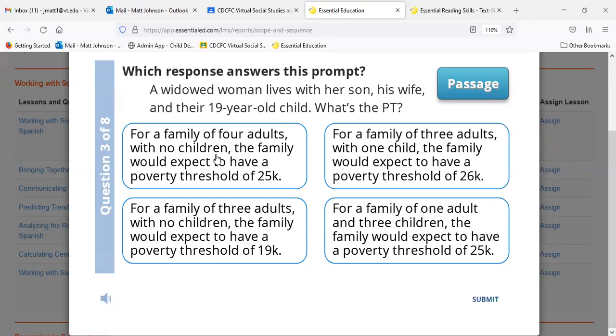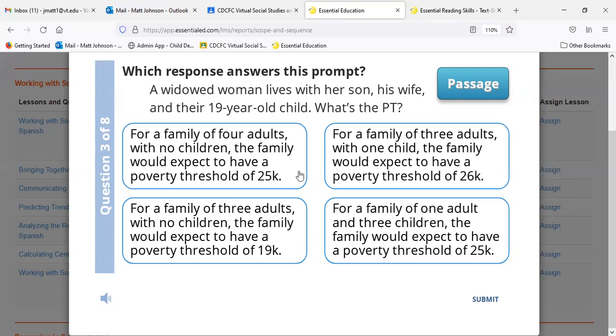So here, already I'm seeing, well, it's A, right? That's the only one that has a family of 4 adults. The other ones are talking about children, or a family of 3 adults with no children. Well, they're actually missing somebody in that scenario. And then the other one's wrong.